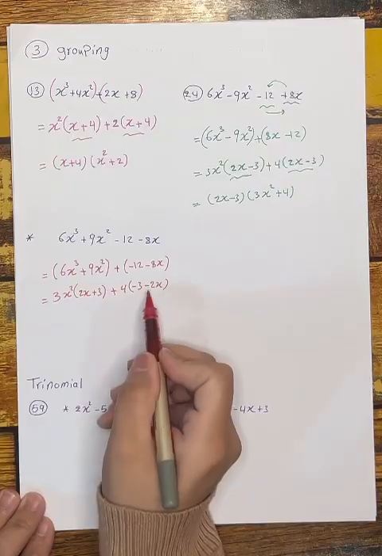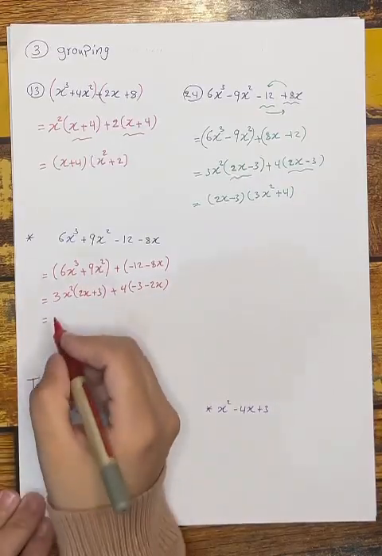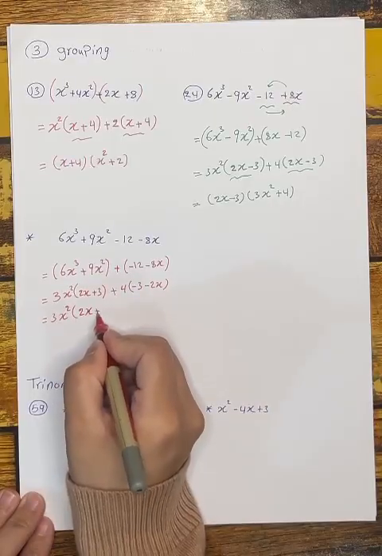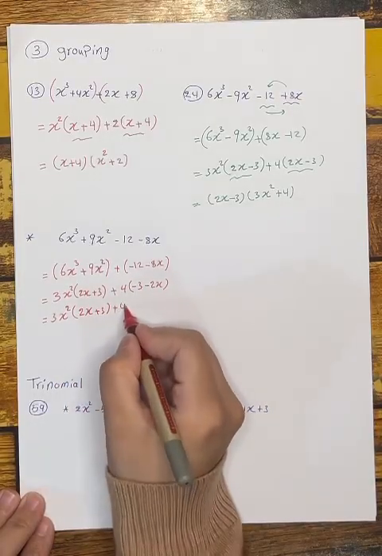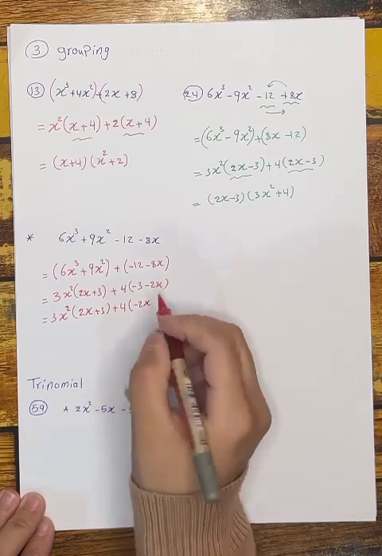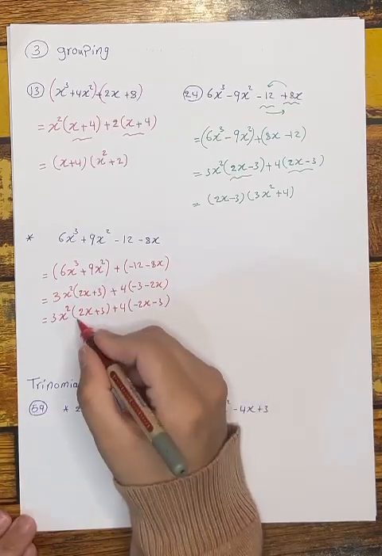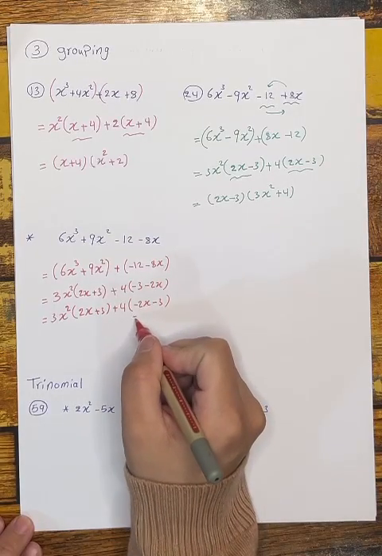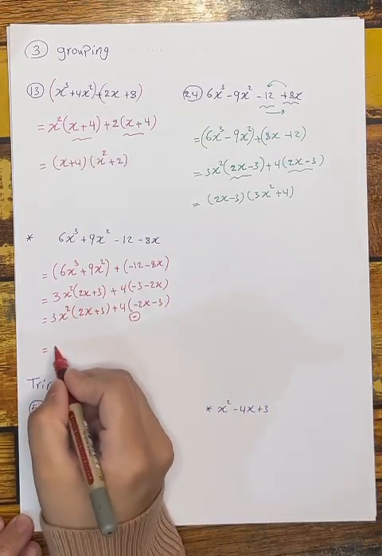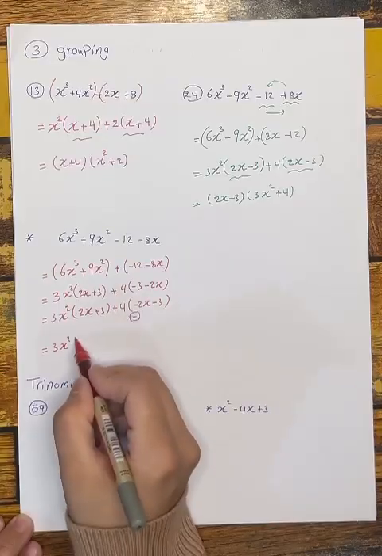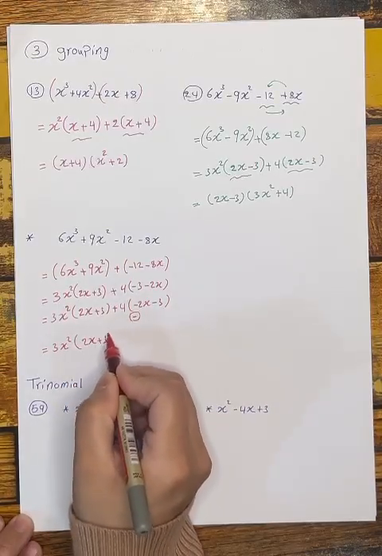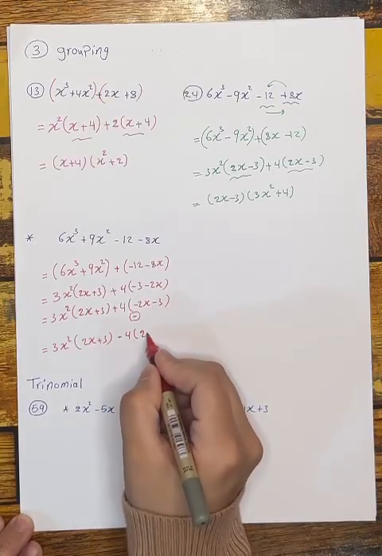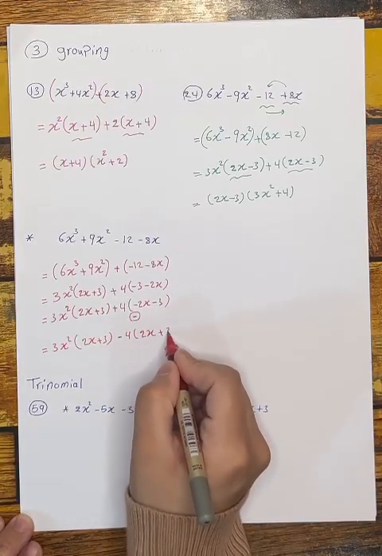Now they are not in the same order, so we can make them the same order. Swap them, will be negative 2x minus 3. Now this is negative, positive here, and it's negative. We can factor out a negative, will be 3x power of 2, 2x plus 3. This will be negative 4. This will be positive 2x. This also will be positive 3.